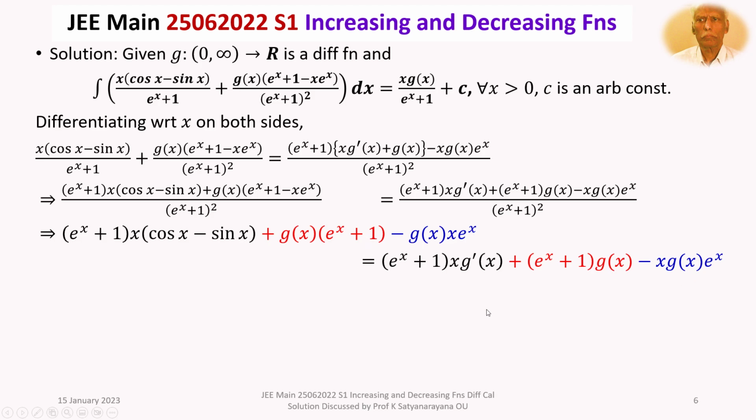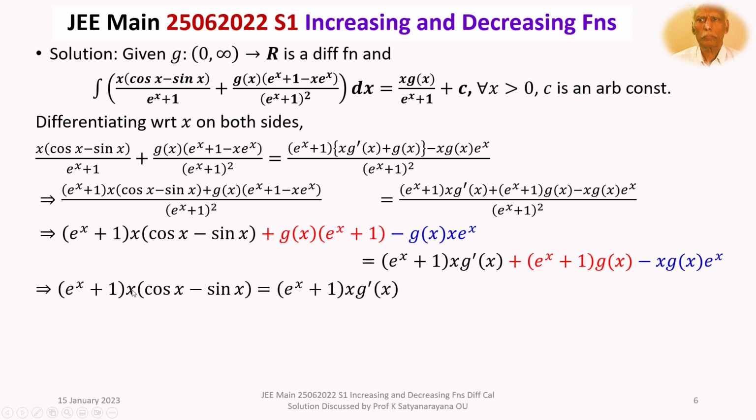So cancelling these terms on both sides, we get e to the power of x plus 1 into x into (cos x minus sin x) is equal to e to the power of x plus 1 into x into g prime x. Agreed. Again, e power x plus 1 we cancel off because it is not equal to 0. No worry.